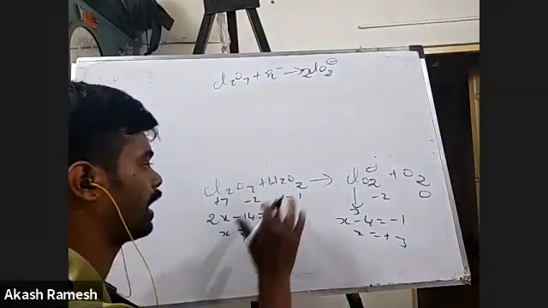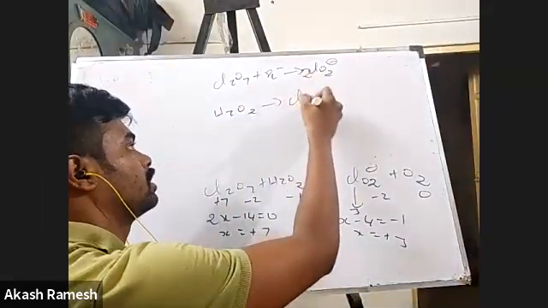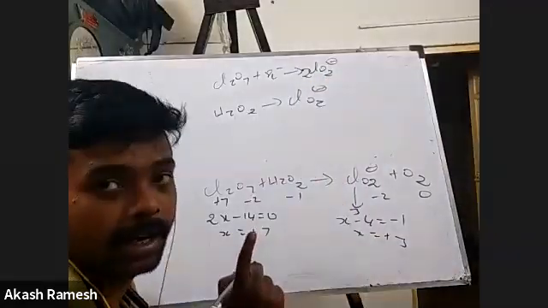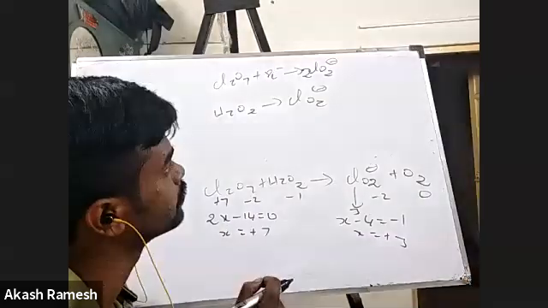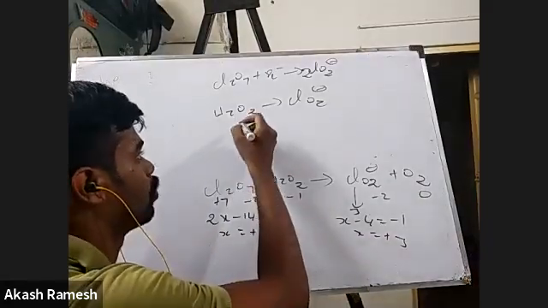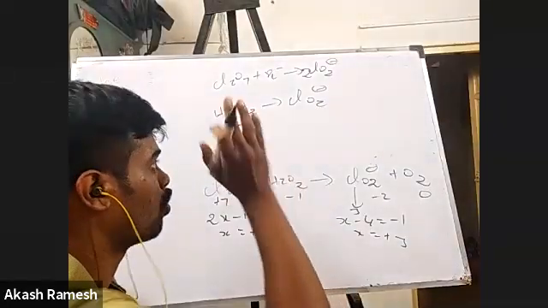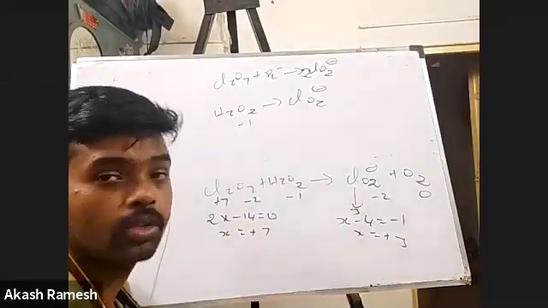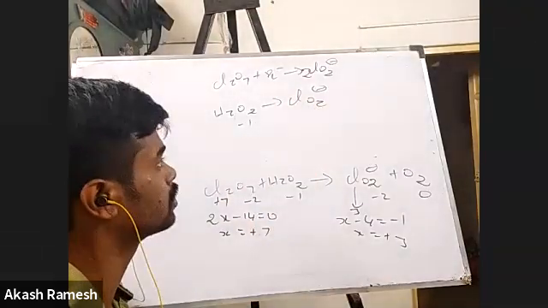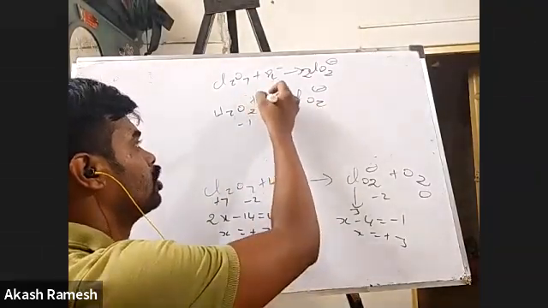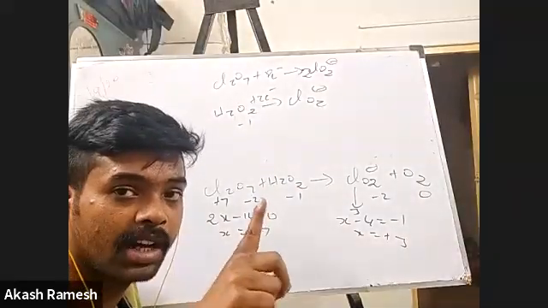Now I have H2O2 becoming ClO2 minus, another reaction. Here it is minus 1 and here it is minus 2, and there are 2 oxygen atoms. For 1 oxygen atom becoming minus 2, it is 1 electron, but there are 2 oxygen atoms, so 2 electrons are accepted. No problem. For 1 oxygen atom, 1 electron.